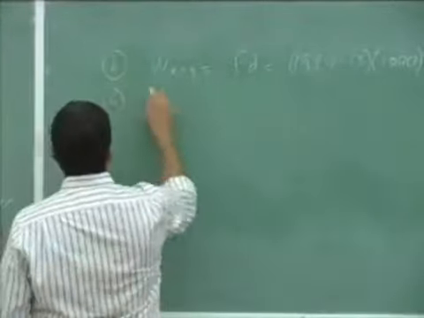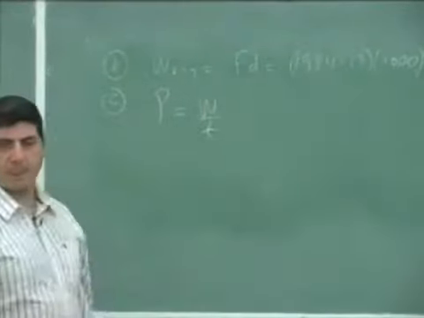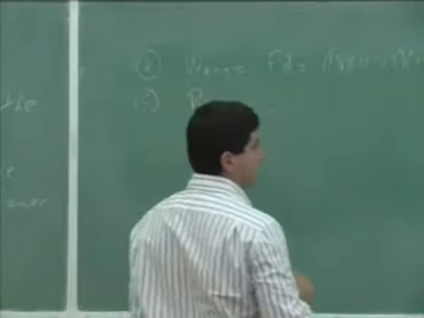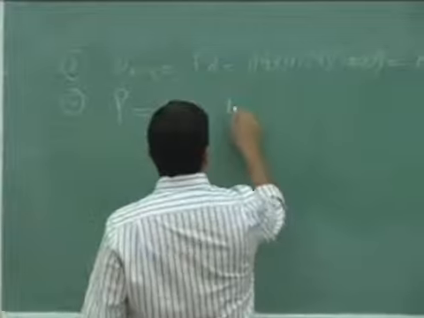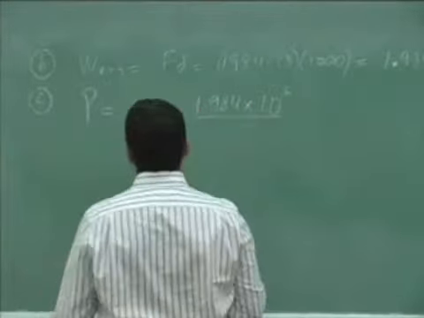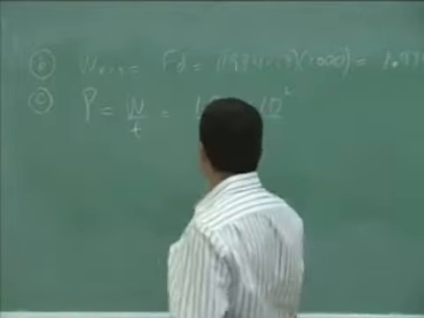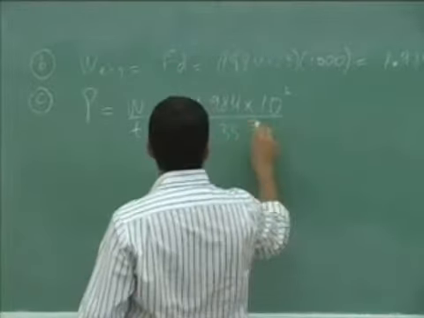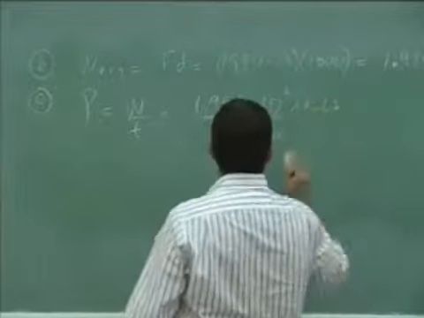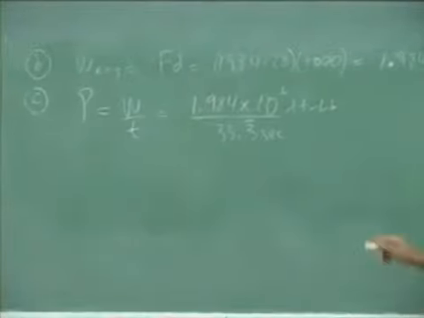And then C, the power of the engine, is work over time. Okay? And then you divide the work here by the time. Oh, and then remember the time we got, 33.3 seconds. Okay.